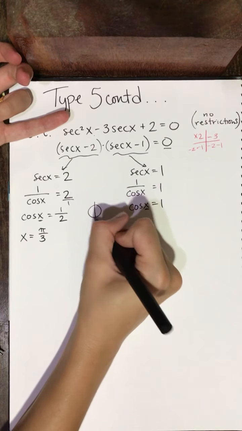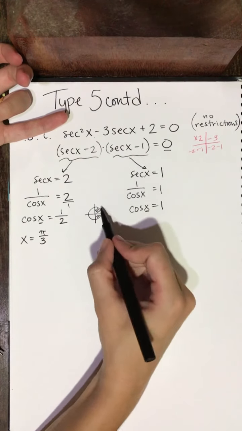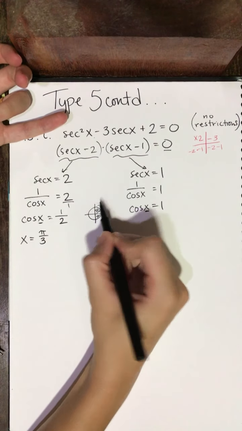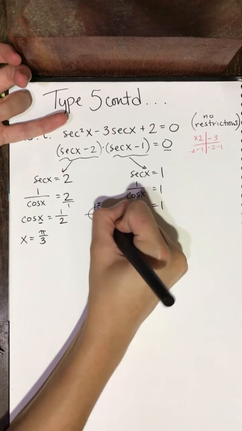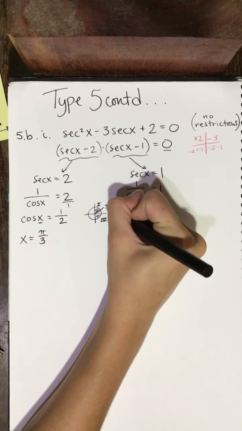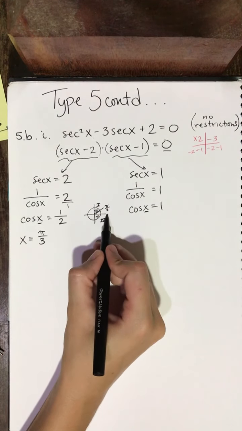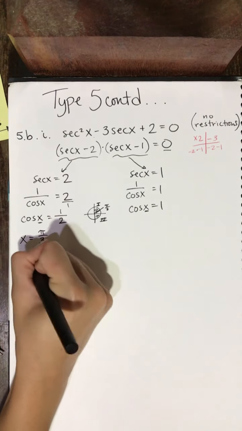Now cosine is positive where our x-axis is positive, in quadrant 1 and quadrant 4. Pi over 3 is in quadrant 1. Down here we've got 6 pi over 3, so 1 less would be 5 pi over 3, our other solution.